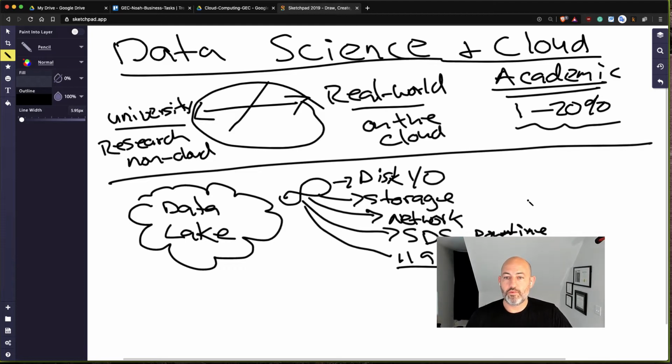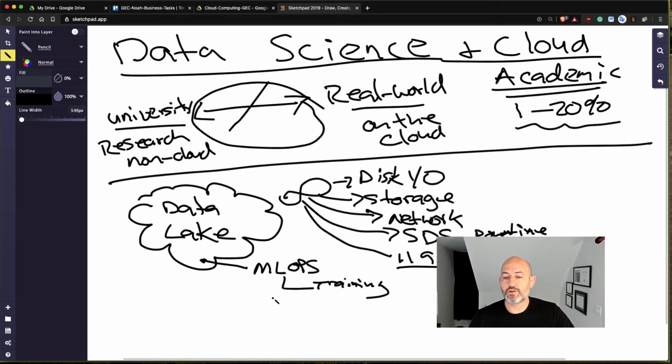So what this does is allow a data science practitioner to solve problems that really were not solvable before. And one of the ways that you would use a data lake would be to do MLOps. So what this means is that you can now provision training jobs.